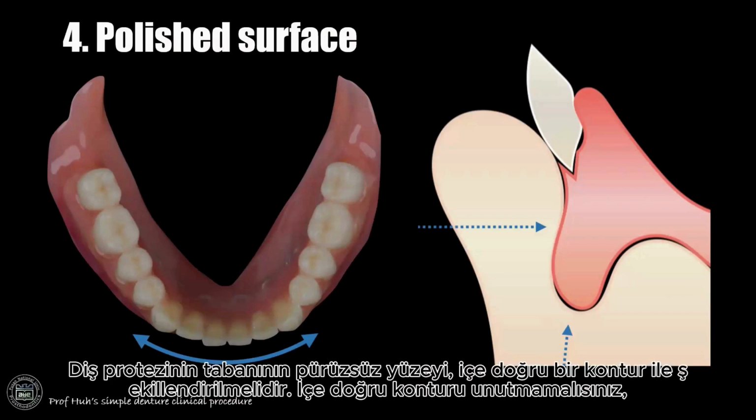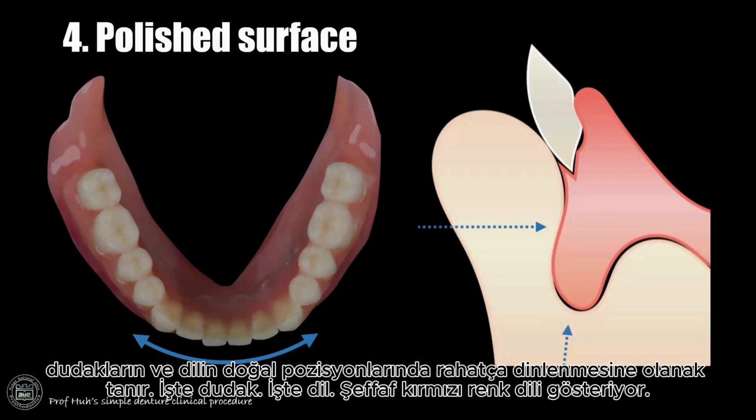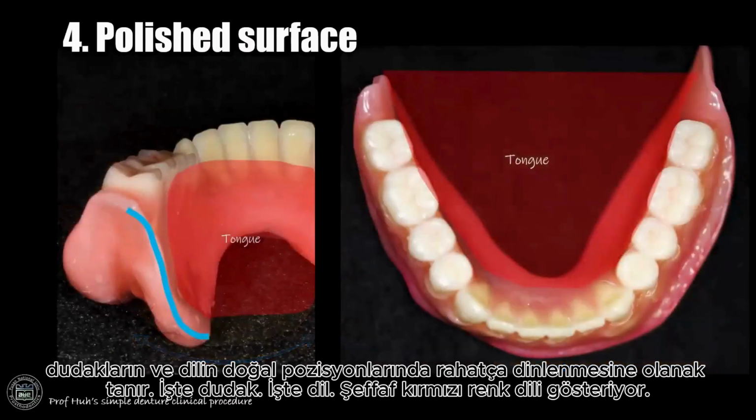The polished surface of the denture base should be shaped with a concave contour. You have to remember the concave contour, allowing the lips and tongue to rest comfortably in their natural positions. This is the lip, right? This is the tongue. The translucent red color shows the tongue.